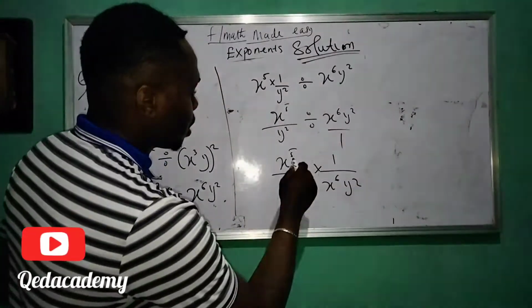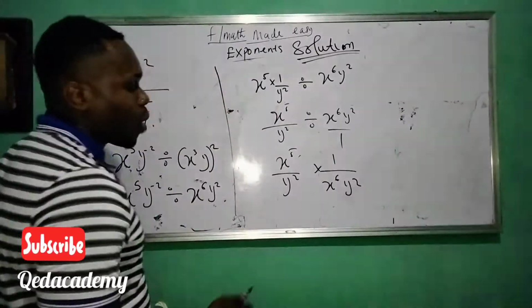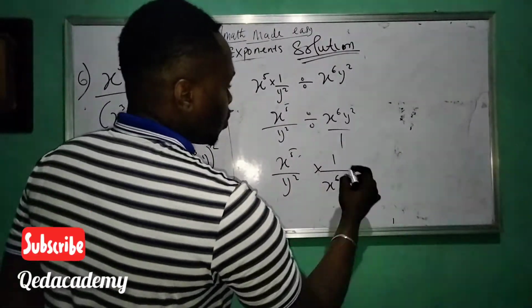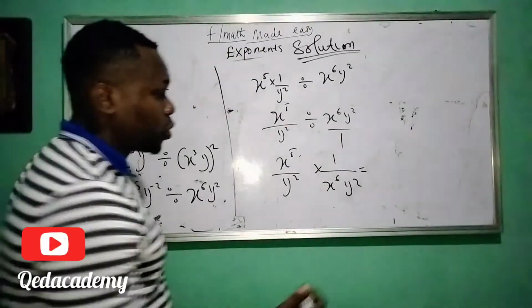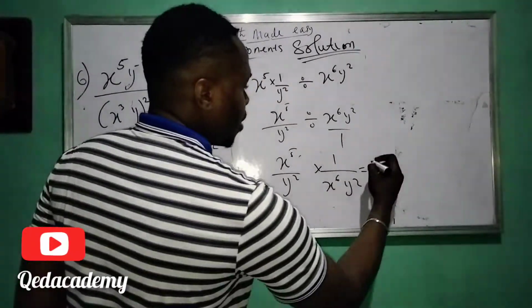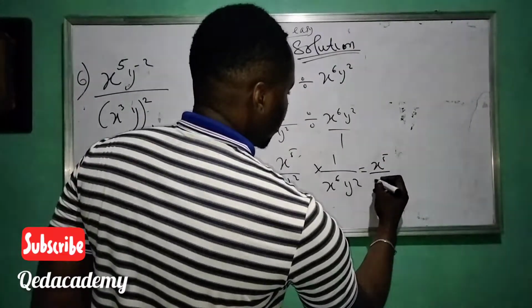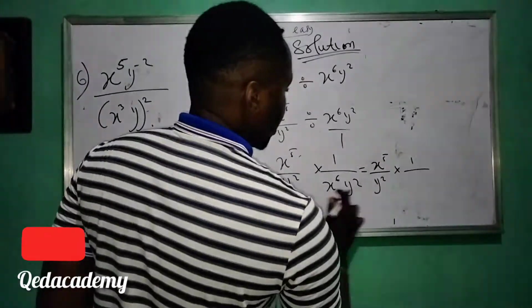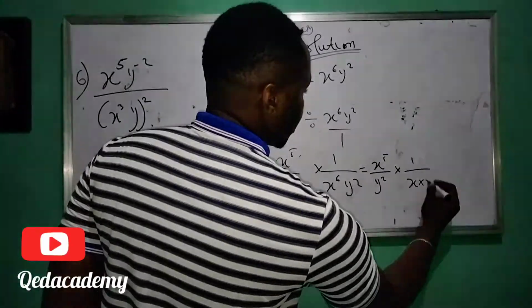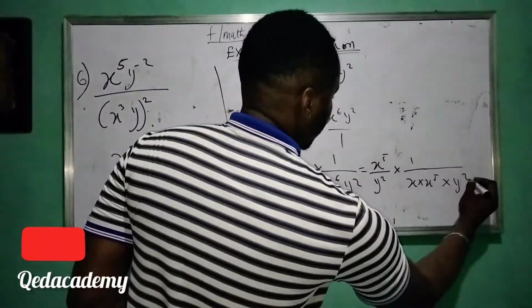So how am I going to do that now? I want to cancel. I'm going to express this properly so that some of you can follow through. So we have x raised to the power 5 over y raised to the power 2 times 1 over x times x raised to the power 5, times y raised to the power 2.